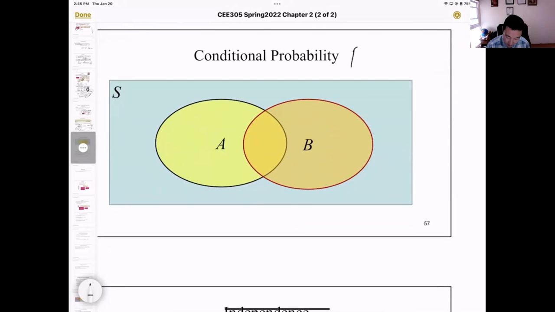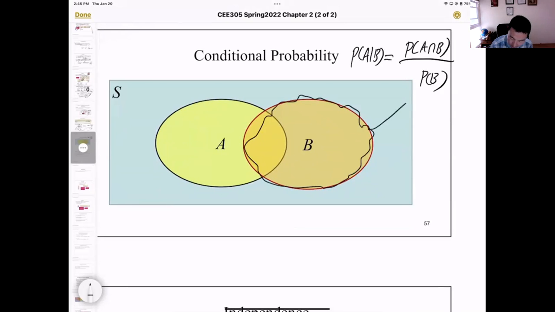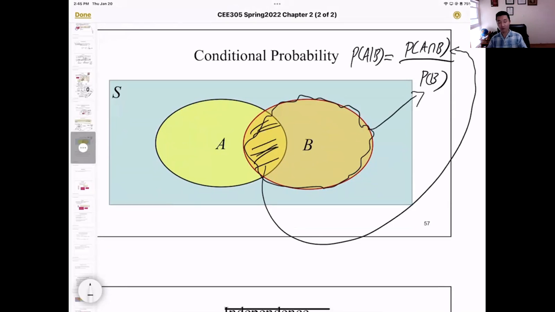Again, P(A given B) is equal to P(A and B) over PB, where PB is the circle of B and P(A and B) is the intersection, the shaded area. So from here, you know how to calculate conditional probability.